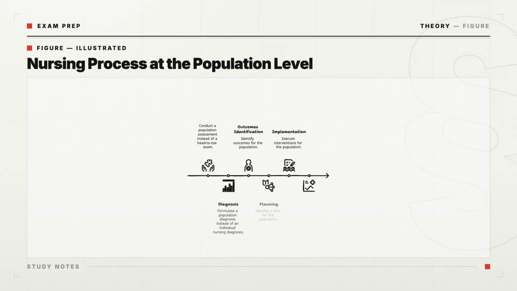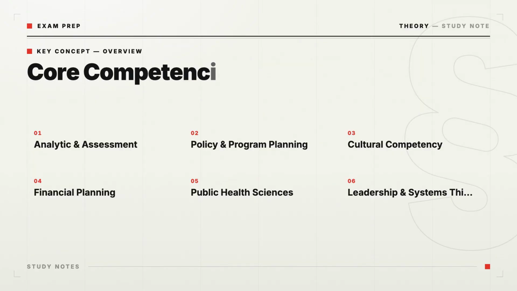The standards of practice mirror the same reasoning every nurse learns, with a population substituted for the individual at every step. Population assessment replaces the head-to-toe exam. Population diagnosis replaces individual nursing diagnosis. And rate comparison replaces asking whether one patient improved.